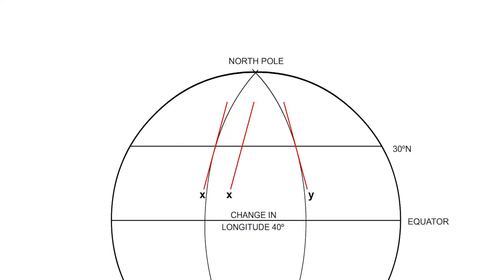Let's make a copy of x and move it to y, keeping it parallel. This will make it easier to see the angles. Their inclination at y is the convergency. The formula will tell us what this angle is.